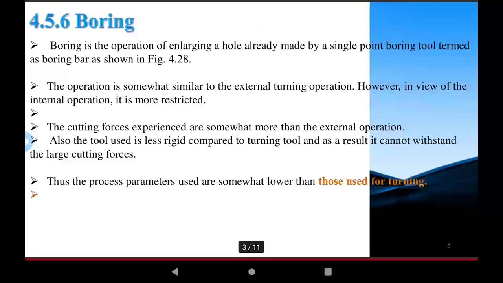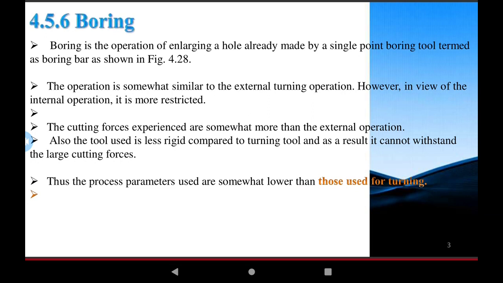Boring is the operation of enlarging holes already made, by a single point boring tool termed a boring bar, as shown in the figure. This figure is presented again in the slide.